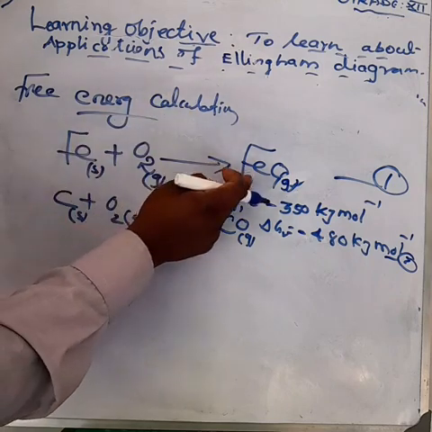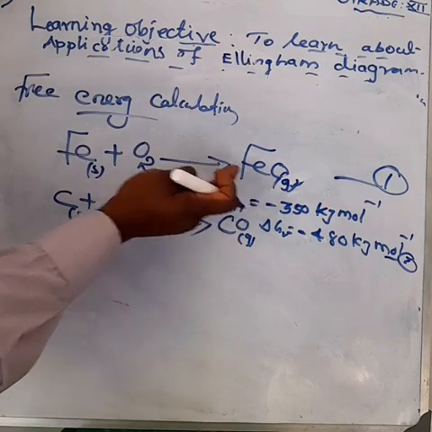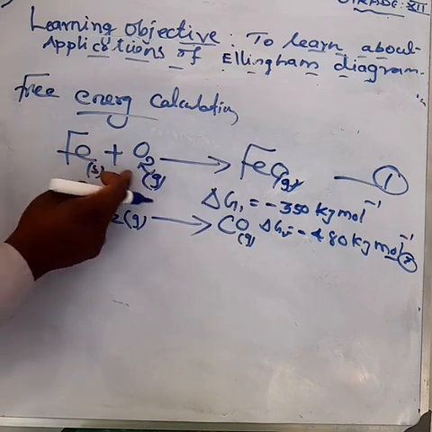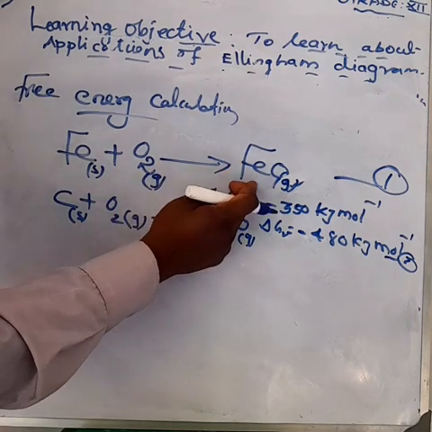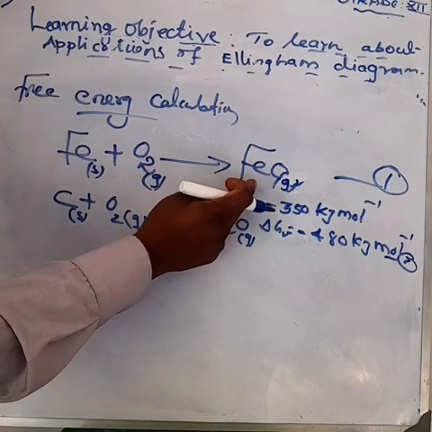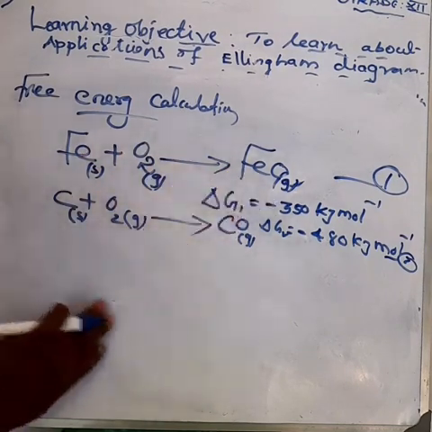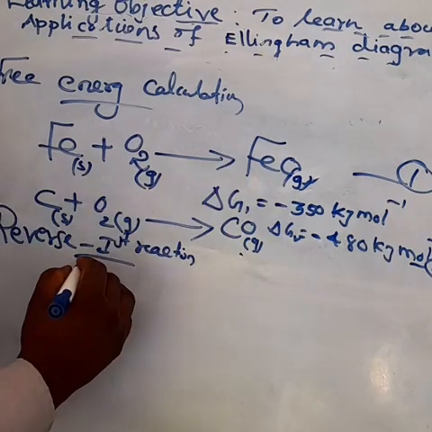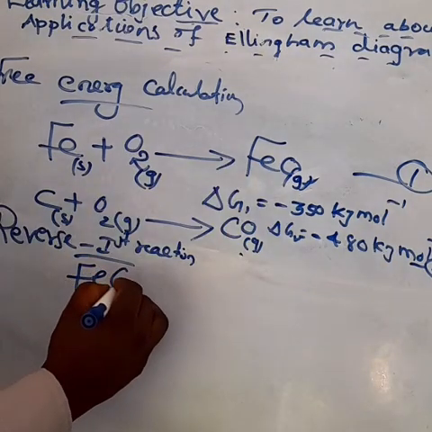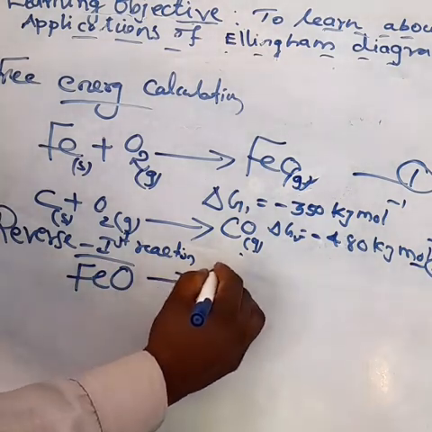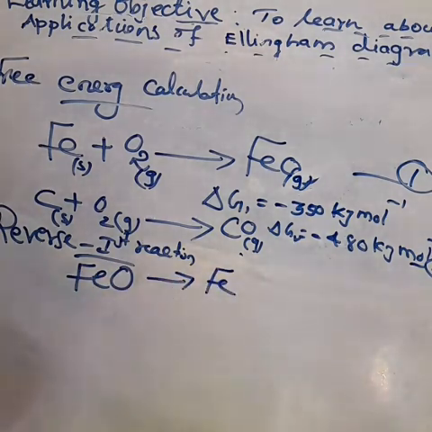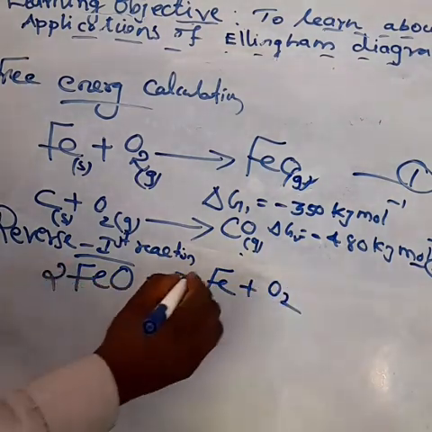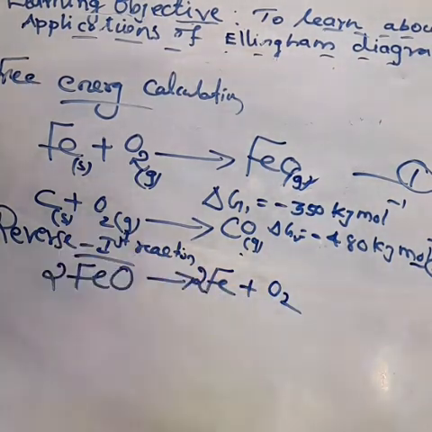But we expect the metal oxide to be converted into metal. So I reverse the first reaction. First reaction reversed means solid iron oxide gives iron metal, also solid, plus oxygen gas.